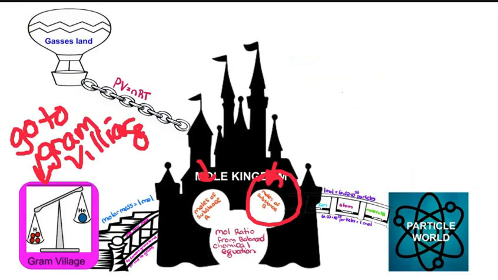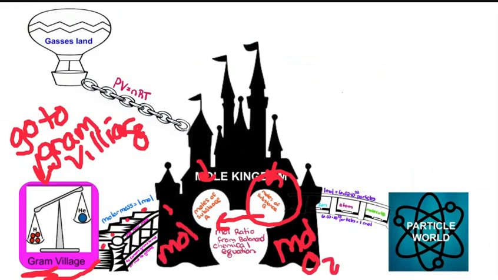We need to go from moles, Mickey's ears, to the other Mickey ear, down the stairs to Gram Village. This is your moles of O2. This is your moles of SO2. And then this would be your grams of SO2.